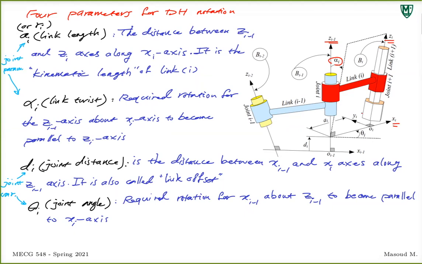Your four fingers show the positive direction. So if this is x i, this is the positive direction. If you end up rotating the other way, that would be negative. Same story with theta i. Theta i is the rotation that x i minus 1 has to go through to become parallel to x i, and that rotation happens about z i minus 1.